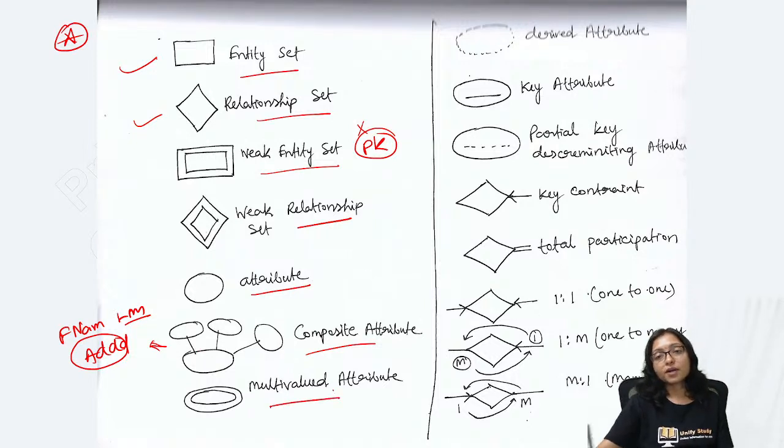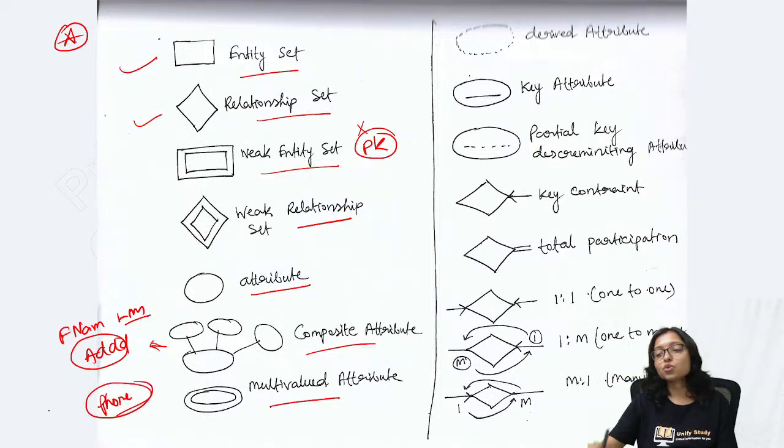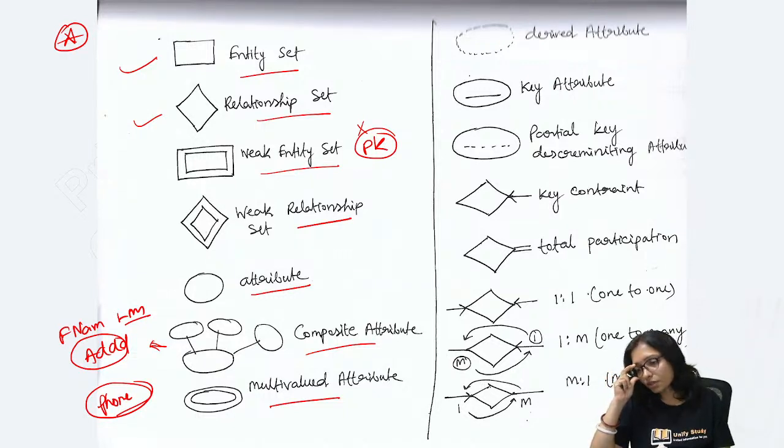Multi-valued attribute. What is a multi-valued attribute? Phone number. Nowadays everyone has at least two phone numbers. So that's why this is a multi-valued attribute.